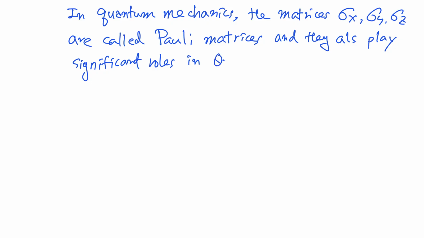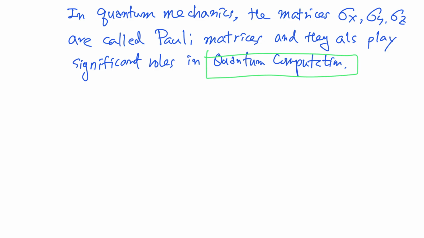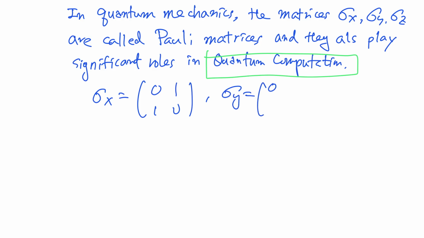In quantum computation, sigma x is 0, 1, 1, 0, sigma y is 0, minus i, i, 0, sigma z is 1, 0, 0, minus 1.